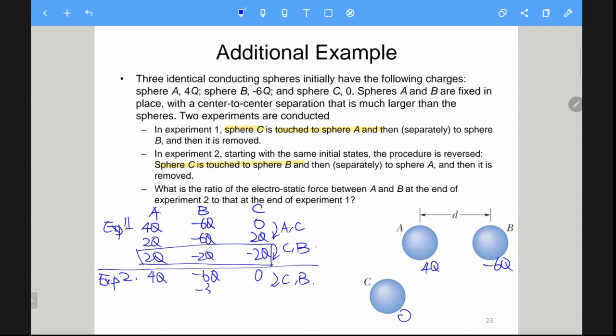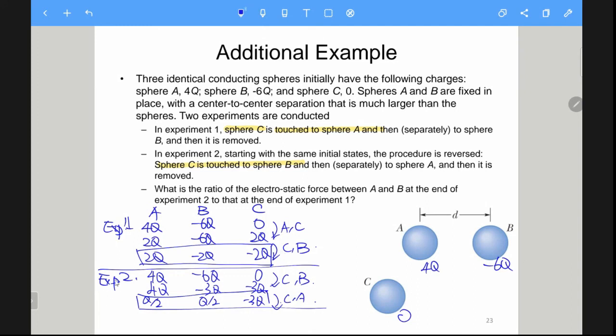So both of them will have minus 3Q, and then 4Q here. The next step is C and A touching. 4Q plus minus 3Q is Q, so it becomes Q over 2, and minus 3Q. This is the final situation for experiment 2.